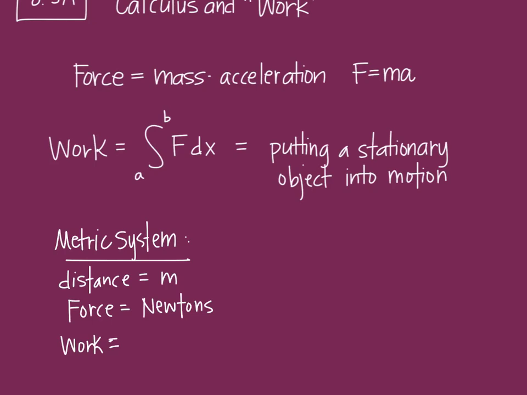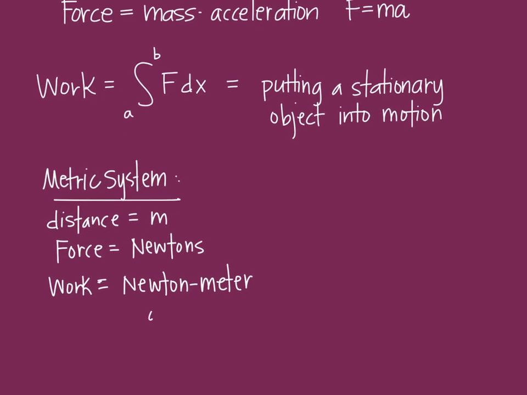So the unit for work is something called a Newton meter. But there's also a different unit that's synonymous with that, and it's the word joule. Spelled not like diamonds and rubies and sapphires, but spelled joules. So a joule is a Newton meter. A Newton meter is the combination of the unit of force and the unit of the distance that you're moving it on.